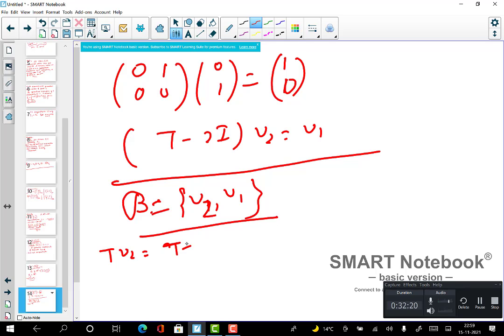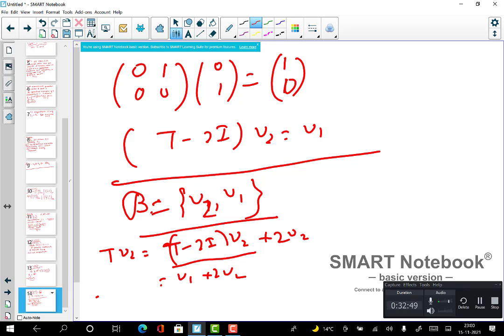You can write this as T of (T minus 2I) of v2 plus 2 v2, right? Now see that (T minus 2I) of v2 is nothing but v1, so you can write that v1 plus 2 v2, right?